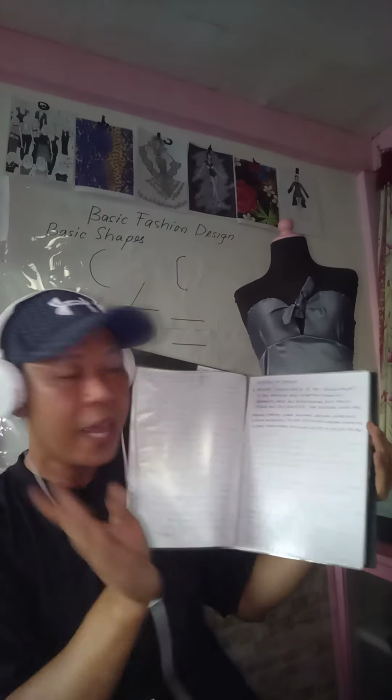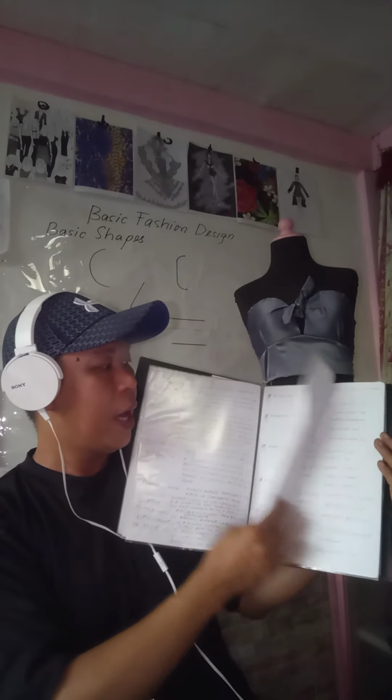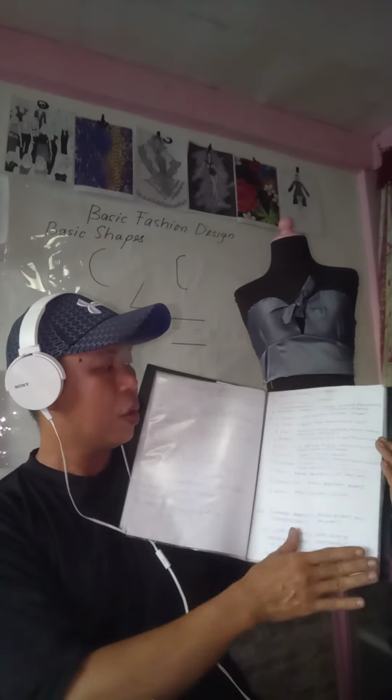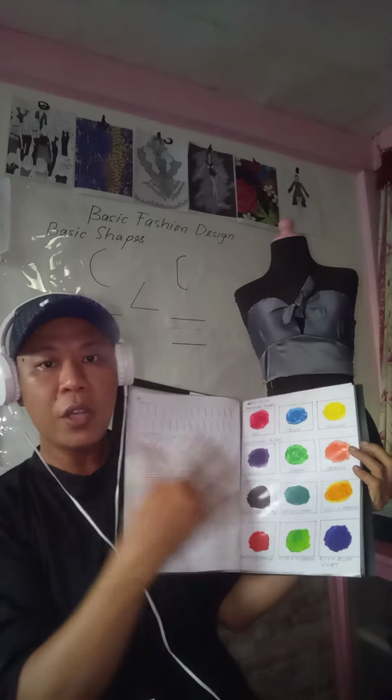It's all written in pencil. This is the one I had already shared with you, after all the things that I took down from the Fashion Institute of the Philippines, where I studied my basic fashion design, and I made my own portfolio. That's why I can share it with you. So you can do the same thing, so at least you could have a copy of this.